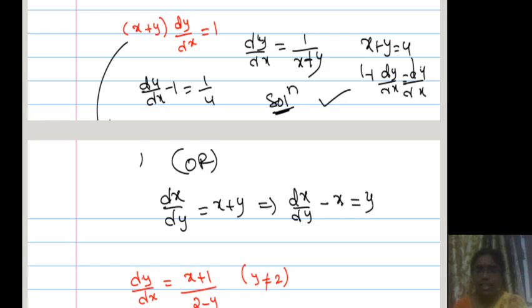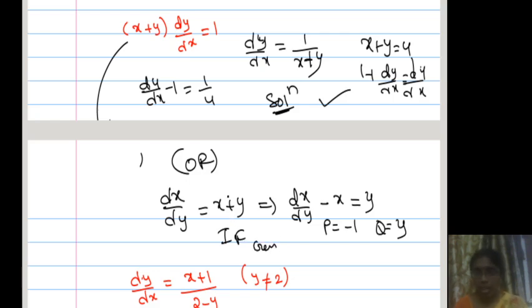Now it is a linear differential equation in x variable, where p is equal to minus 1 and q is equal to y, because it is dx by dy plus p into x equals q. Then use the integrating factor and general solution, the last method, and in that way also you can do it.